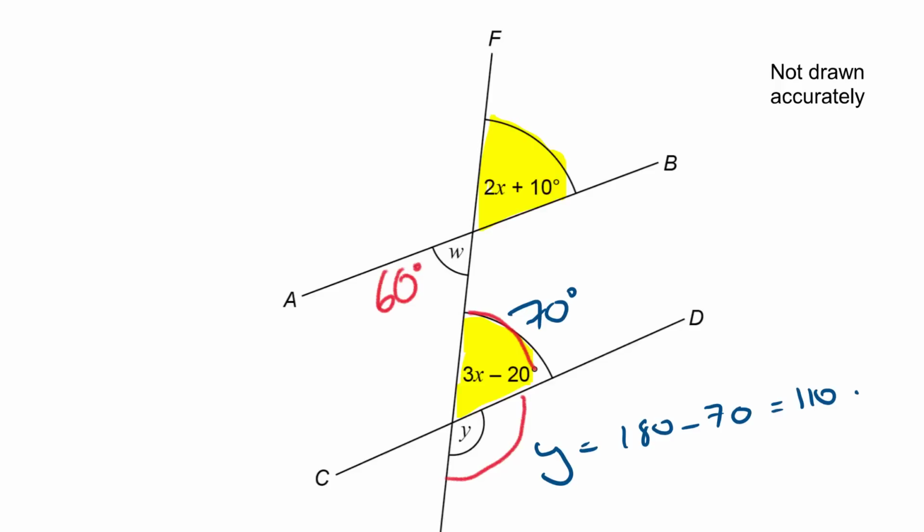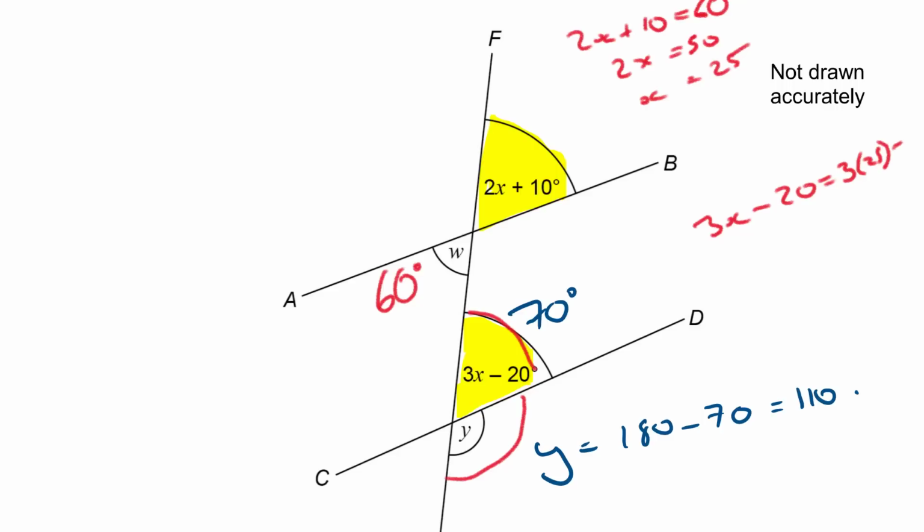So 2x plus 10 is equal to 60. So that makes 2x equal to 50, x equals 25. Okay, so if x is 25, then 3x minus 20 is equal to 3 lots of 25 minus 20. 3 25s is 75, take away 20 is 55.